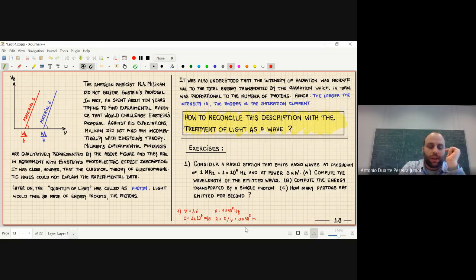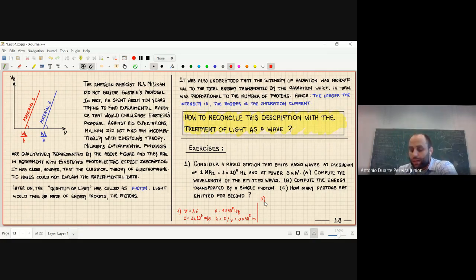Is that clear to everybody, or some of you did not understand? Please just tell me. Okay, it's clear. Now, item B is compute the energy transported by a single photon.